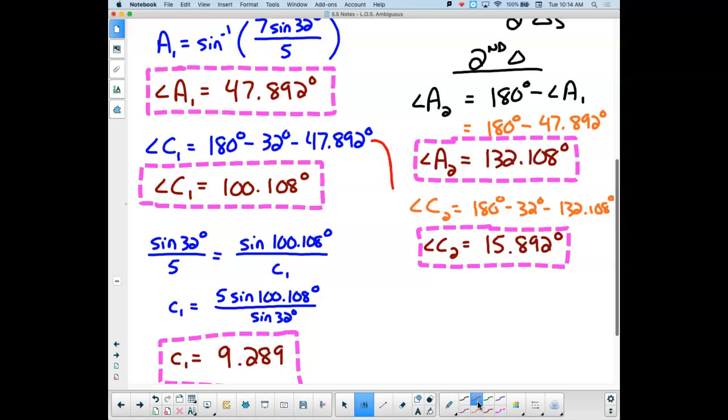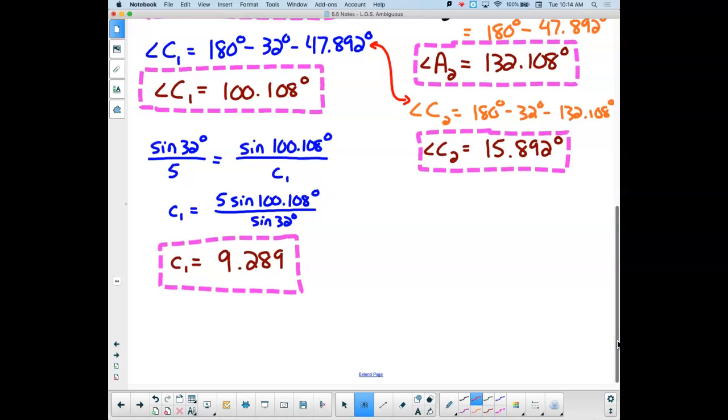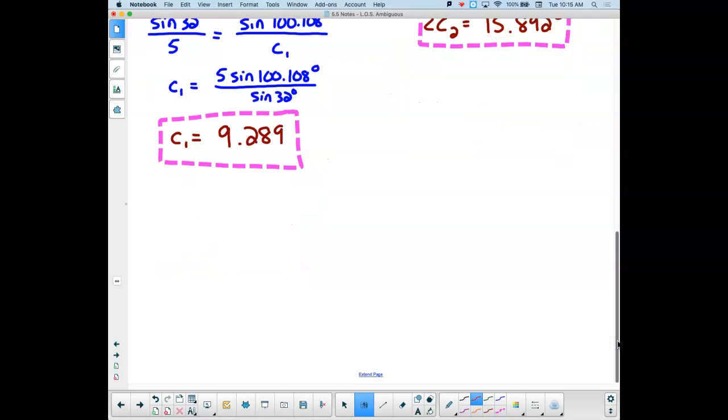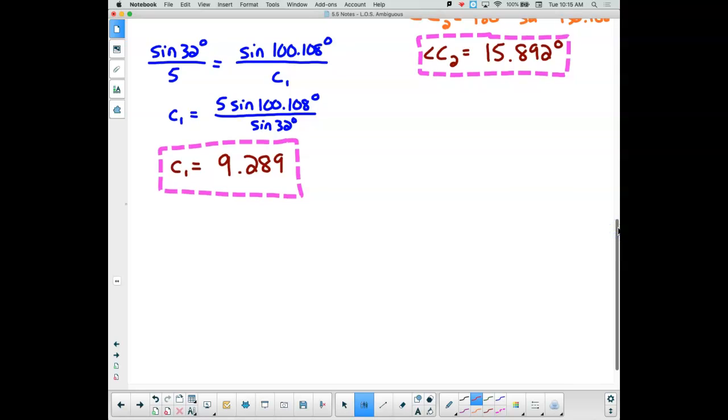This math, or this line, that's going to be the same. Just got a different angle A now. The sine of 32 degrees divided by 5 is now going to be the sine of 15.892 degrees divided by C sub 2.